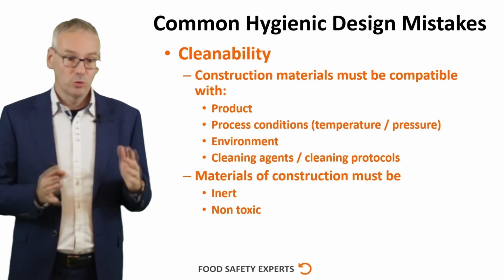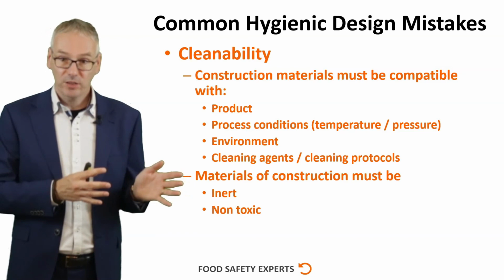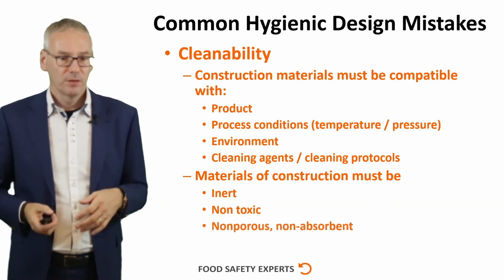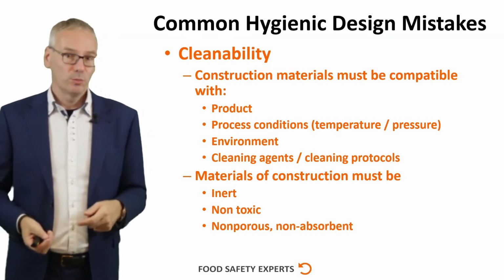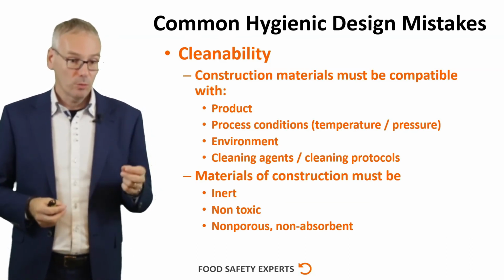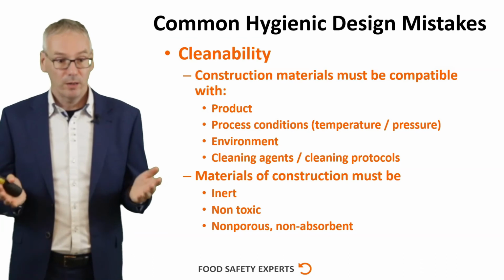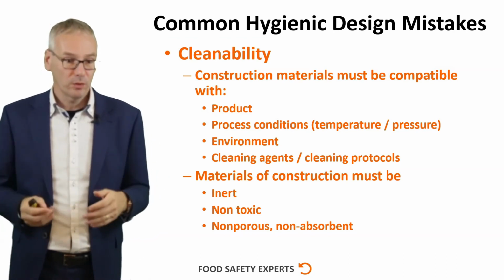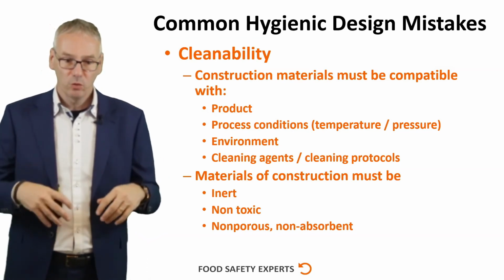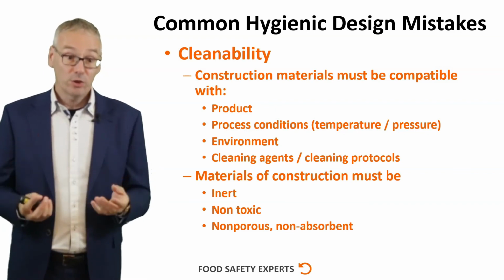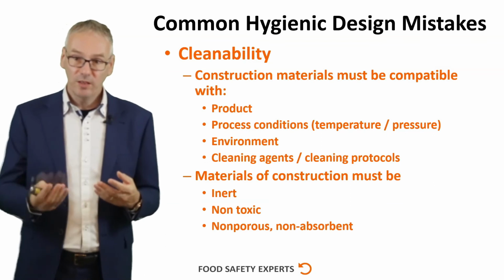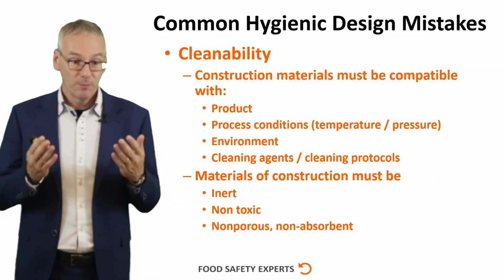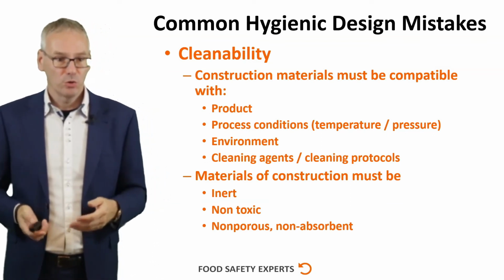And those should not introduce toxic effects into the food, of course. And last but not least, these materials should be non-porous and non-absorbent, because with any material where liquid or foodstuff can get into small crevices or into the material, you are creating a harboring spot for bacteria and potentially even feeding them there, so you will create big microbiological issues over time.